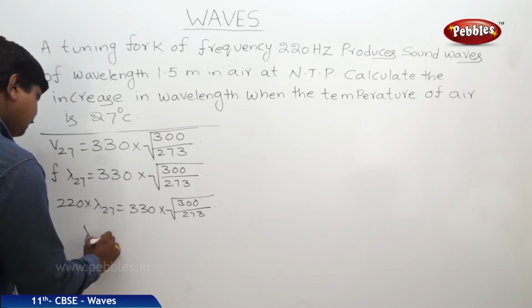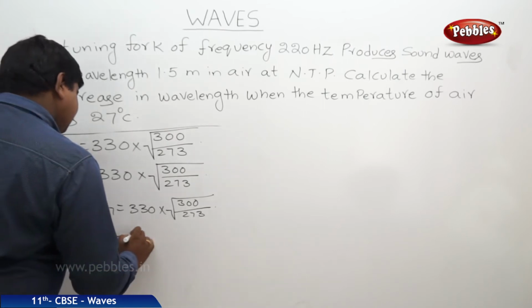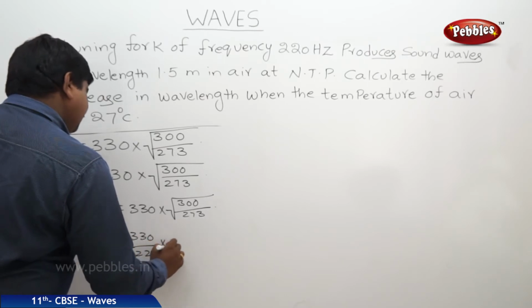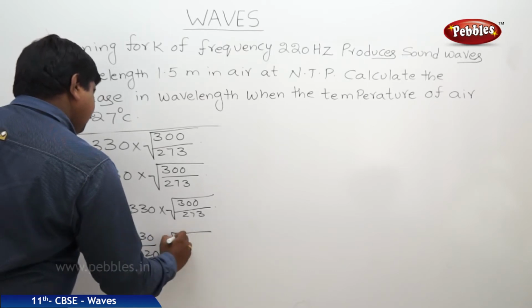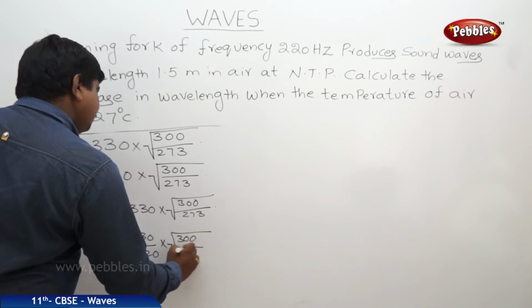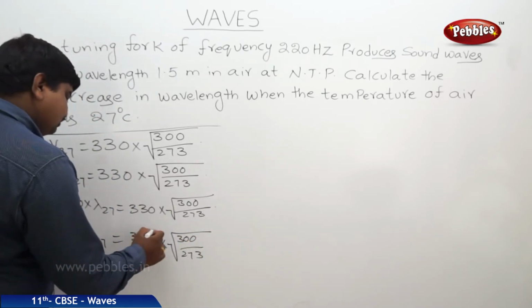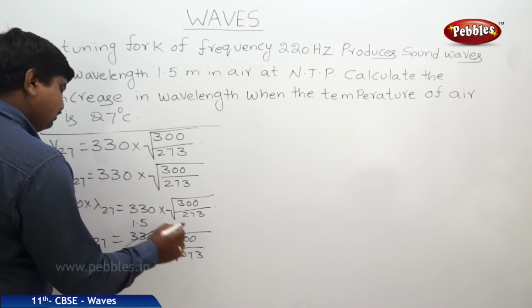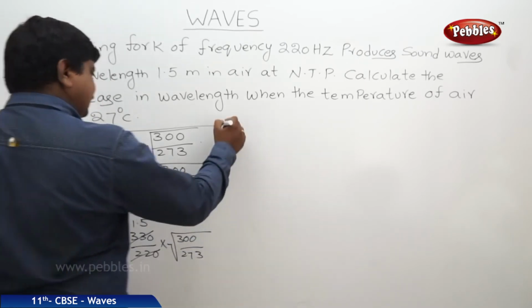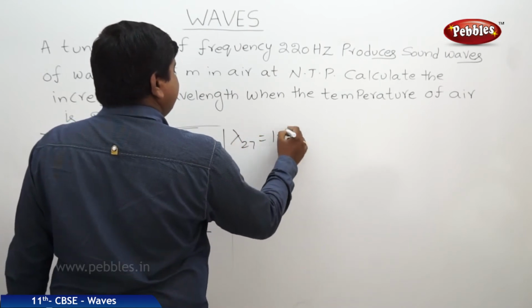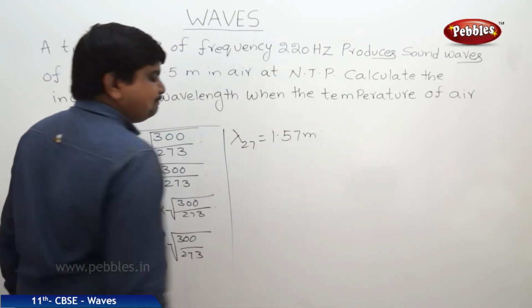Therefore, lambda 27 is equal to 330 by 220 into square root of 300 by 273. So this will be 1.5, so we will get lambda at 27 is equal to 1.57 meters.